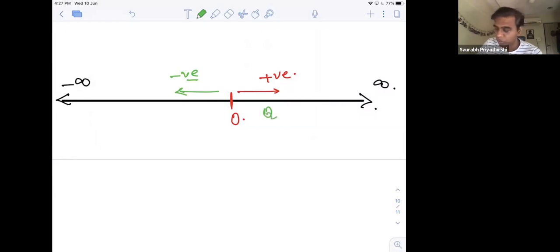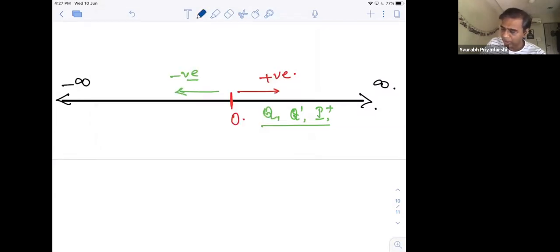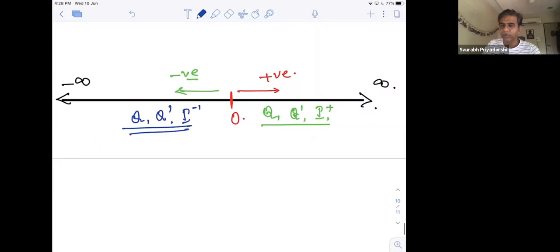Q denotes rational numbers, Q dash denotes irrational numbers, integers, right? Fractions, everything, positive integers, everything comes into the positive side. Similarly, if you want to write the negative side, Q dash, integers, everything comes into the negative part.